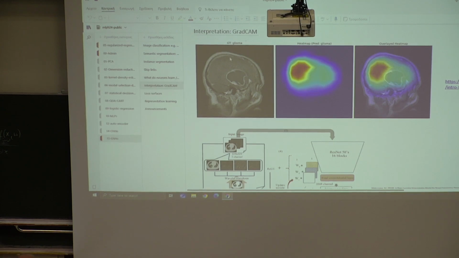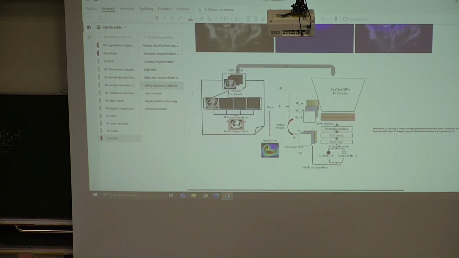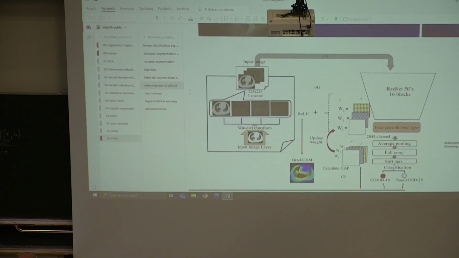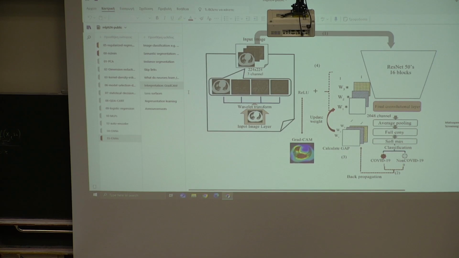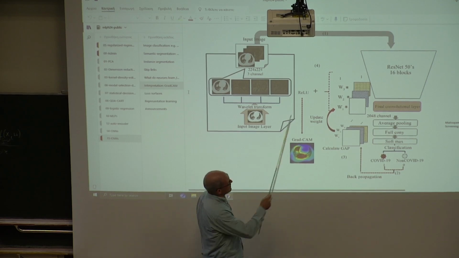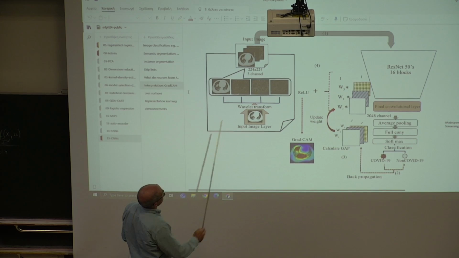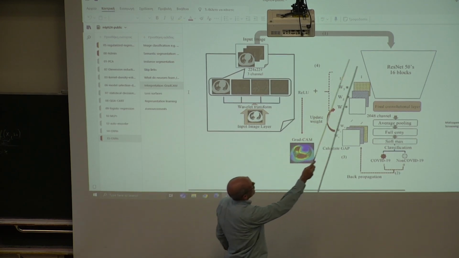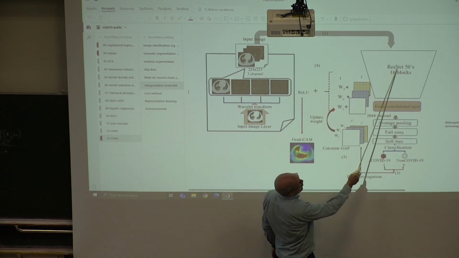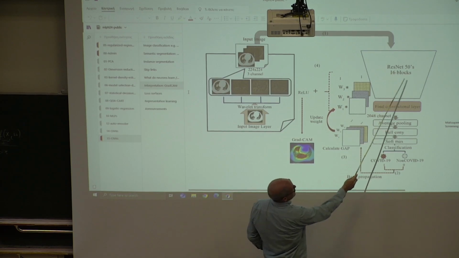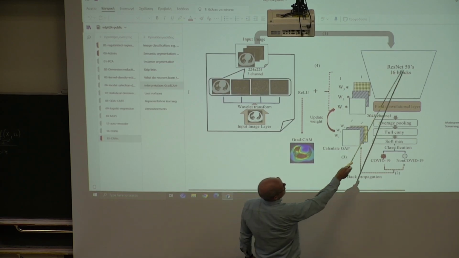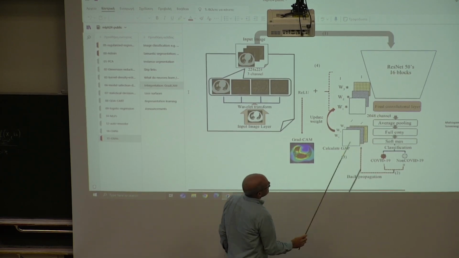And to explain how it works, I here have a figure not from the original paper, but from one of the zillion COVID-19 papers, which, however, does a better job of explaining what it does than the original paper. And it works as follows. So we have some input image. We train, you know by now what a ResNet is, this residual network with the skip links, 50 layers deep.